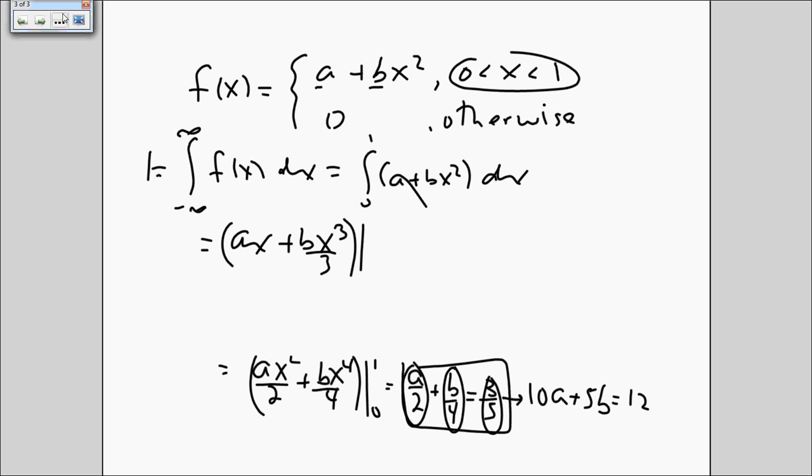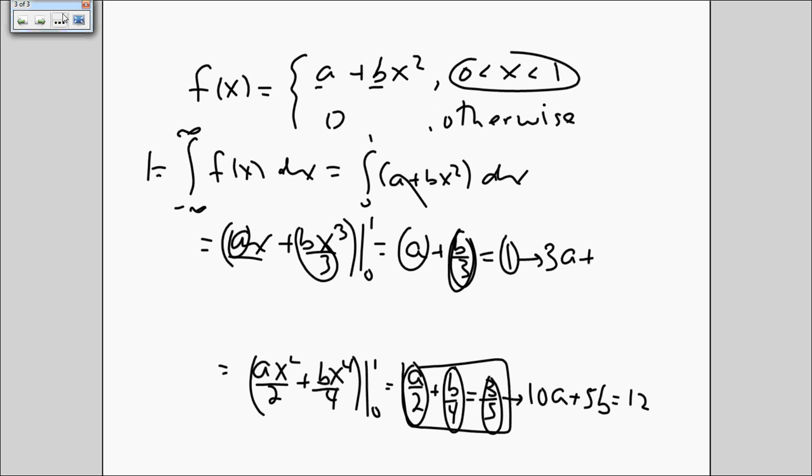So you have to remember your calculus. You plug in 1, you just get a plus b over 3. When you plug in 0, you get 0. Well, this is 1. Clearing out denominators, multiply everything by 3: 3 times a is 3a plus 3 times b over 3 is b, and 1 times 3 is 3.